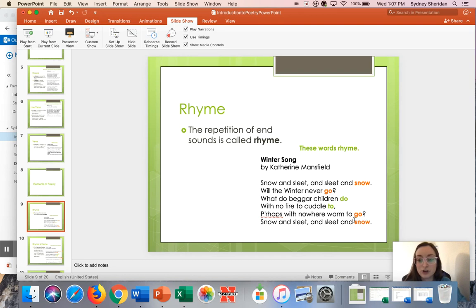And now we have go and snow. The last words on the lines, go and snow, rhyme. Not all poetry will rhyme, but some does. And when we have rhyming, we usually have a rhyme scheme. So a rhyme scheme is just a pattern that the rhyming follows.